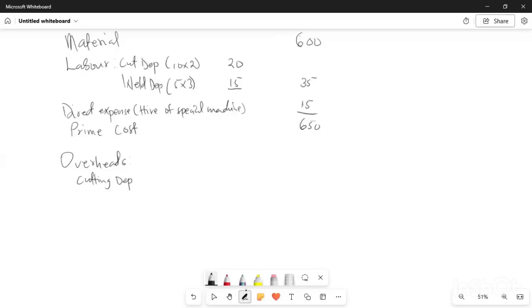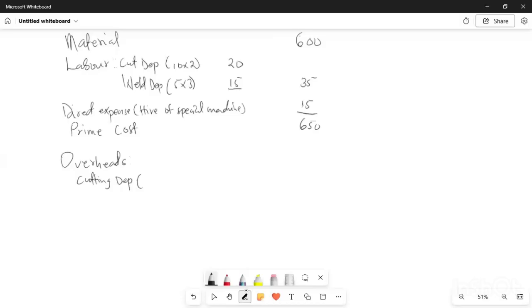The overhead absorption rate for the cutting department, that's what we first calculated. It was 3 cedis per direct labor hour. So we multiply by the basis.